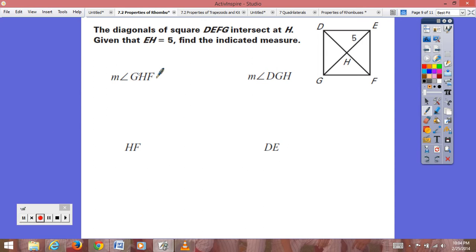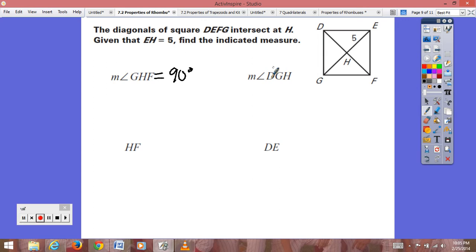So, measure of angle GHF. We remember our theorem, we know that these diagonals are perpendicular because a square is a rhombus. So if these diagonals are perpendicular, we know this makes a right angle. So that is 90 degrees.